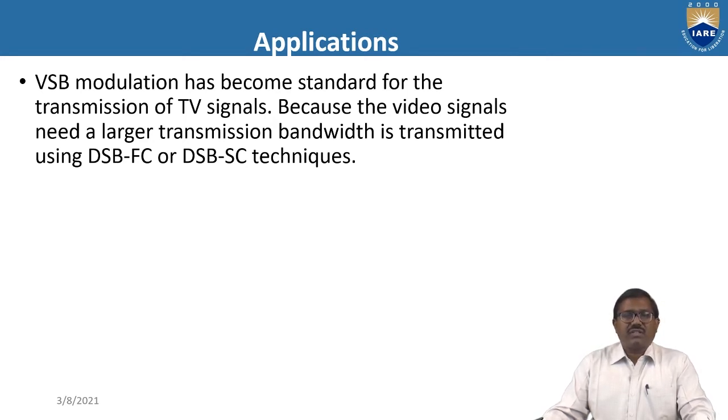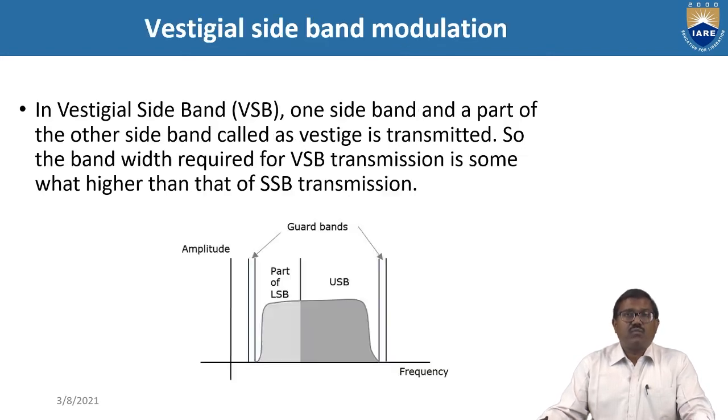DSB FC, that is double sideband full carrier, is nothing but standard AM. And another is DSB SC, double sideband suppressed carrier. Okay, so these are the applications where I use this VSB modulation.